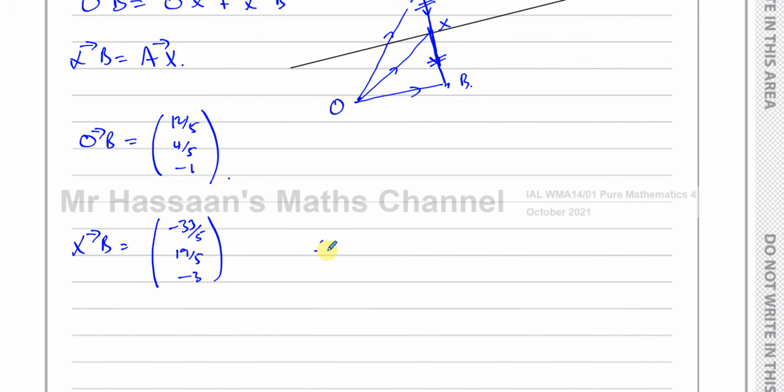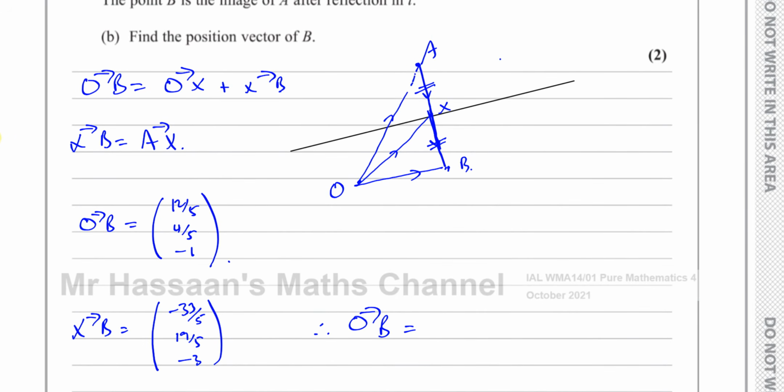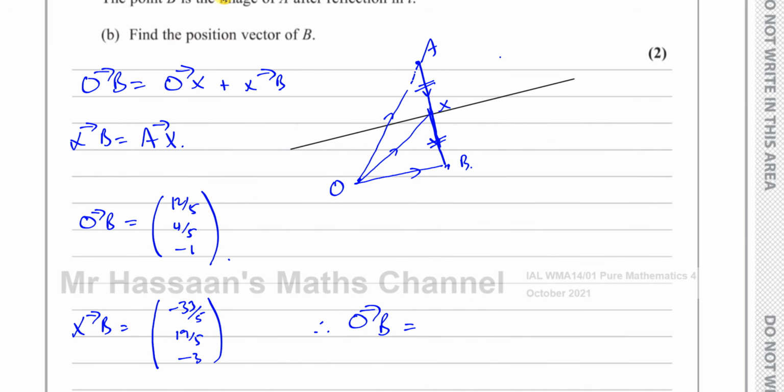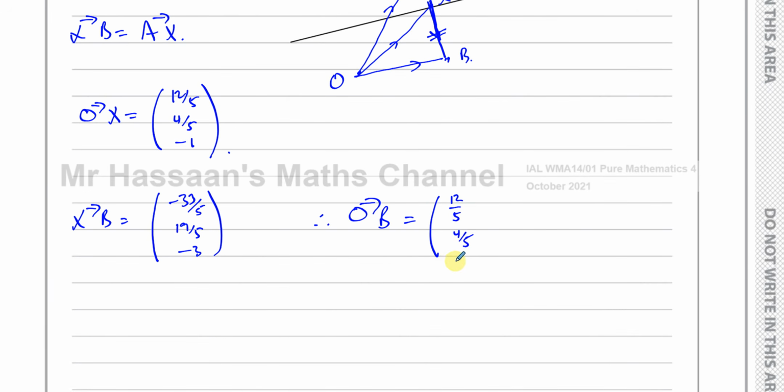So therefore we can say that the vector we're looking for, O to B, is equal to O to X, sorry, this is O to X here, not O to B. O to X, okay, is equal to O to X, which is 12 over 5, 4 over 5, and negative 1, plus this vector, which is minus 33 over 5, 19 over 5, and negative 3.